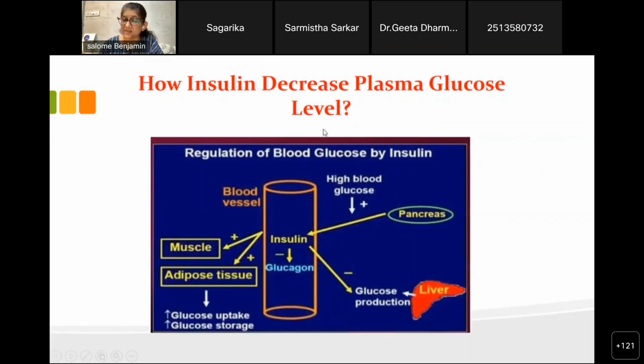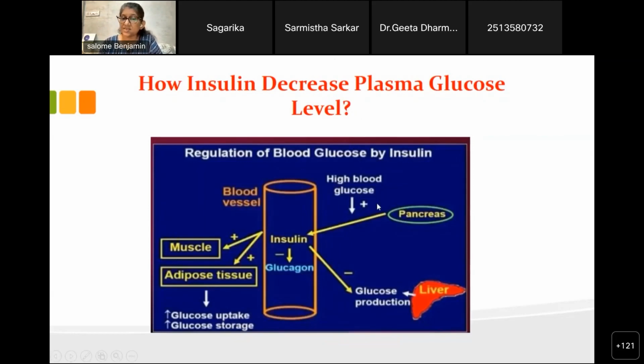When there is high blood glucose, the pancreas will secrete insulin, and blood glucose will come down. And when there is low blood glucose, glucagon is secreted, and then the sugar is balanced. So this is a natural process of controlling blood glucose levels.